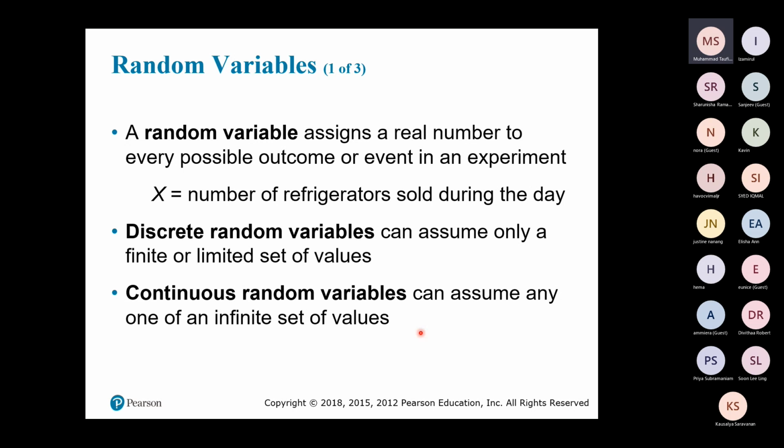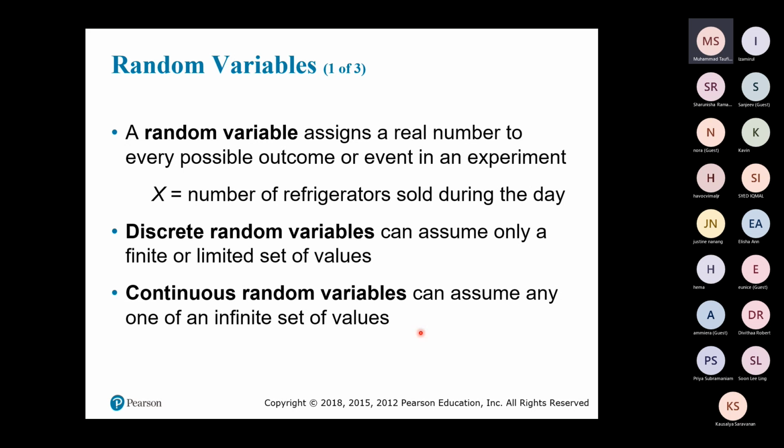Jadi berapa ramai orang yang awak kena tarik untuk beli barang untuk awak dapat 10,000 ringgit. Jadi jumlah pembeli yang awak perlu dapatkan tu, itu yang kita panggil sebagai pemboleh ubah rawak. Sebab value dia berubah-ubah.